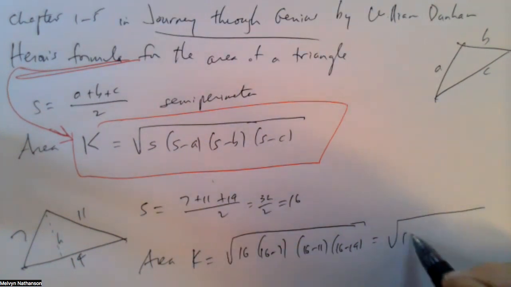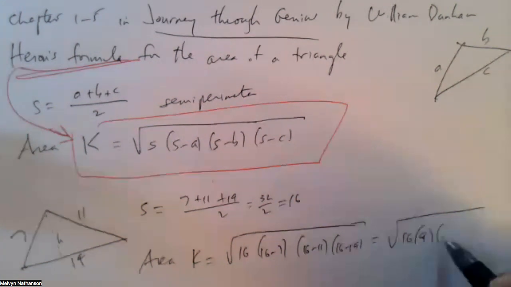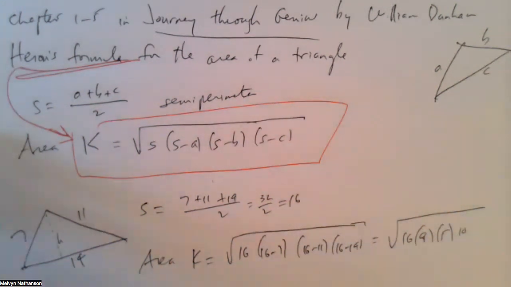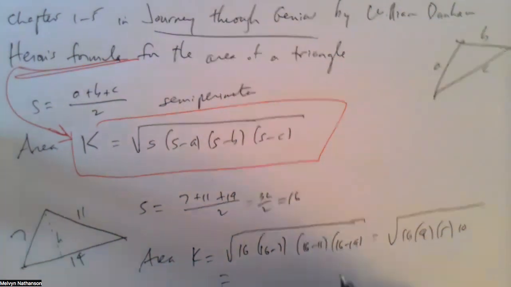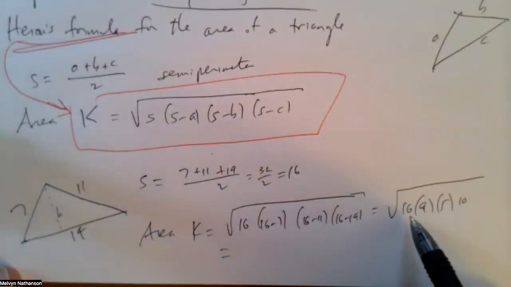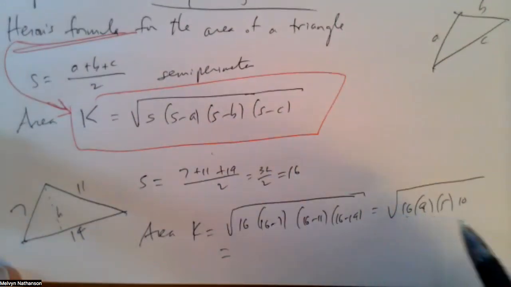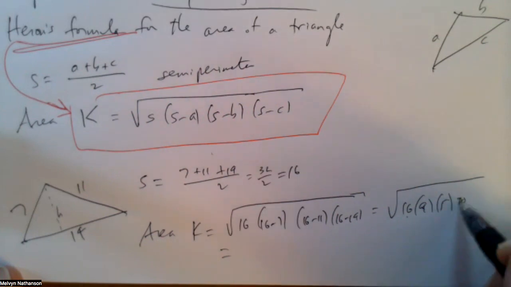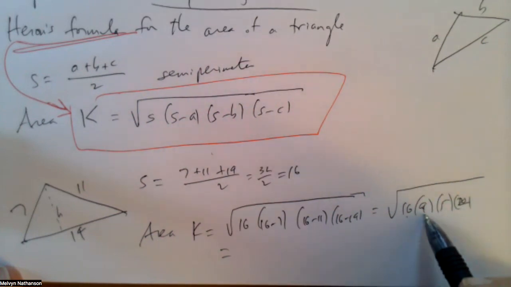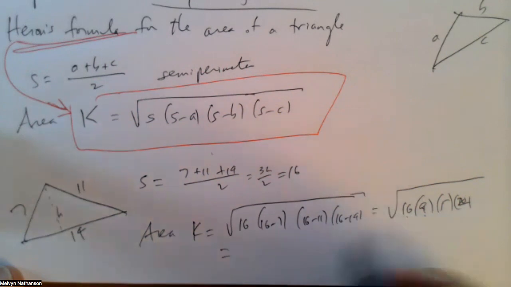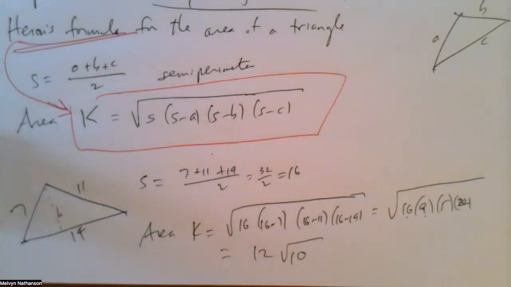That's the square root of 16 times 9 times 5 times 2. Because the square root of 16 is 4, the square root of 9 is 3, and so this is 12 times the square root of 10. That's the area of the triangle.